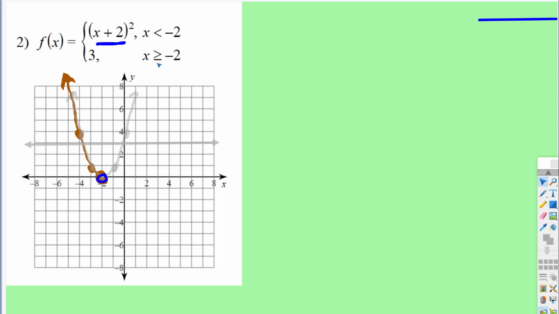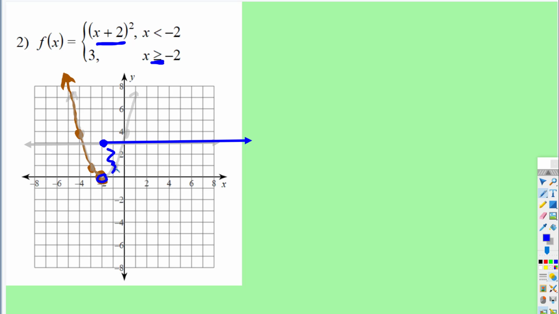But again, the restriction is we can only look at wherever the x value is negative 2. So the only part of that line that we can look at, and because that's a solid line right there, there would be a solid dot. For this one, that's a hollow dot. For this one, there's a solid dot, and that gap is a discontinuity.